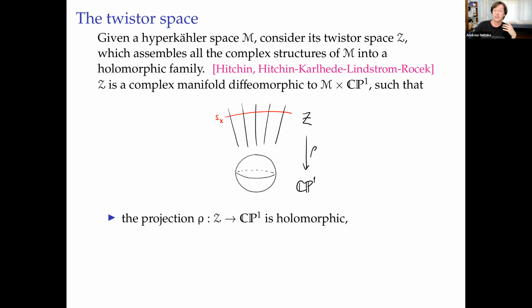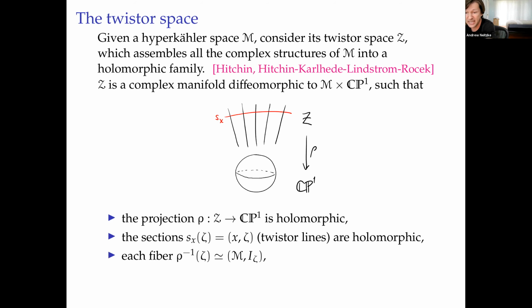Each fiber of this projection is diffeomorphic to M. And complex analytically, it's M with its complex structure I zeta. So if you look at all the individual fibers here, you're seeing this hyperkähler manifold M in all of its different complex structures. But the miracle is that they can all be organized into a complex manifold. So what you're saying is that the complex structure itself kind of varies holomorphically as a function of zeta. That's the cool thing about hyperkähler manifolds.